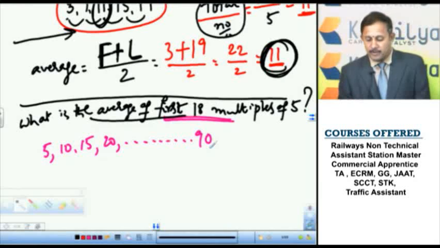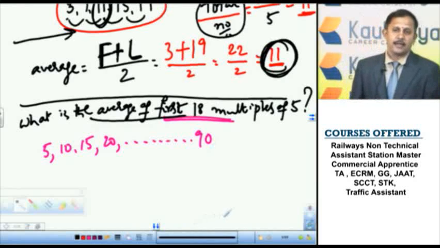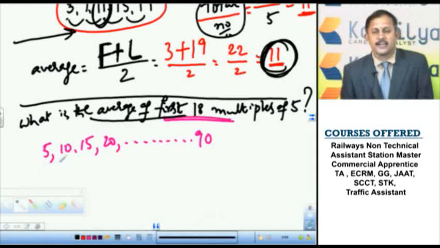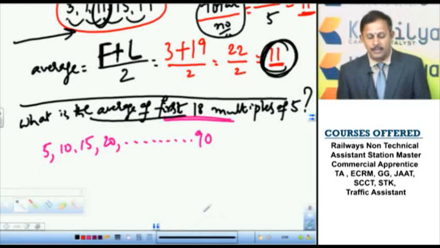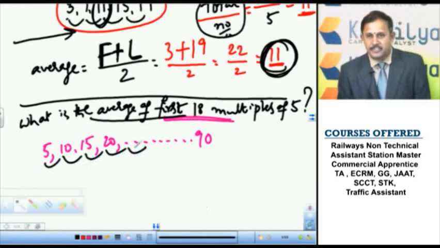What is the general formula for average? We have to take the total of all these elements by number of elements. But in this case it is not necessary to get the total, because all these elements differ by 5. The difference between successive elements is 5.